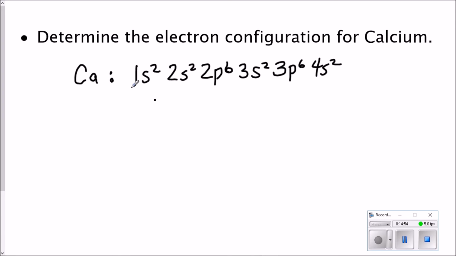That is your principal quantum number. The s and p is the L value, or the second quantum number, and the number at the top just represents how many electrons are in each one. If asked to underline the valence electrons, I would just say this, and calcium has 2 valence electrons, and they are located in the 4th energy level in an s orbital, which is full.